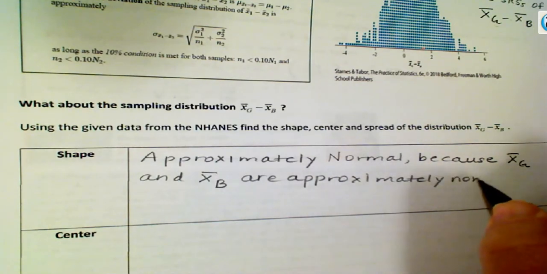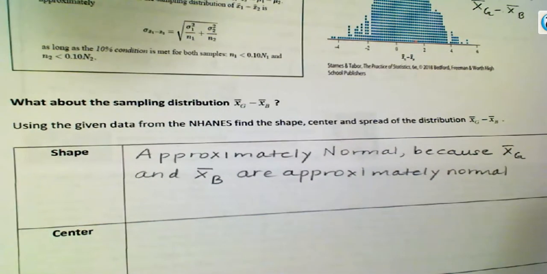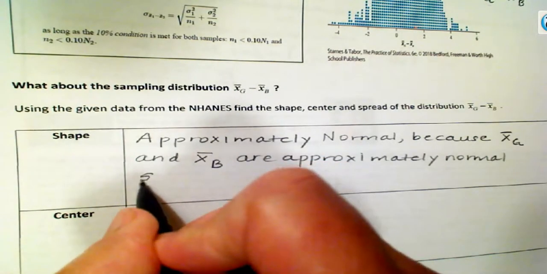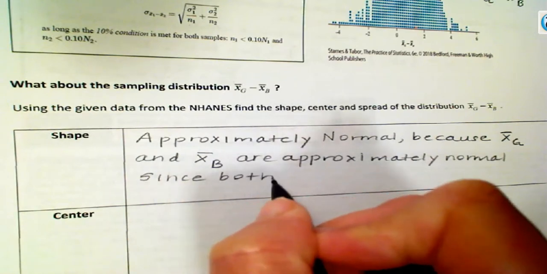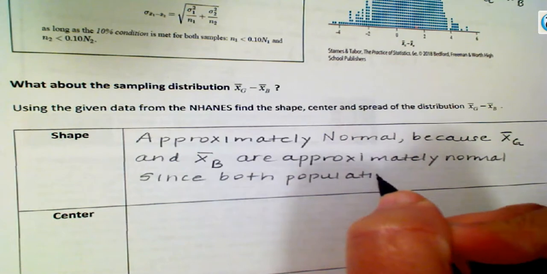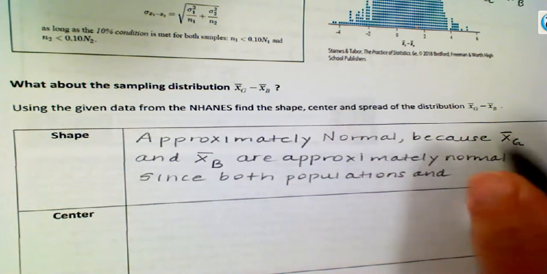If the populations are normal, so are the sample means. They both have to be normal, and they are, since both populations are normal.